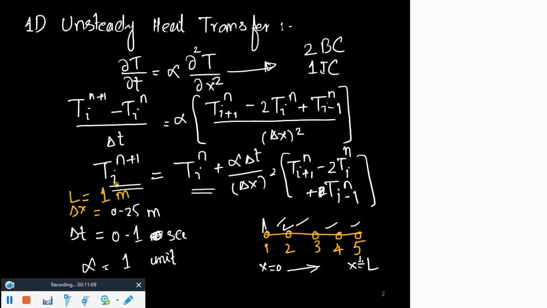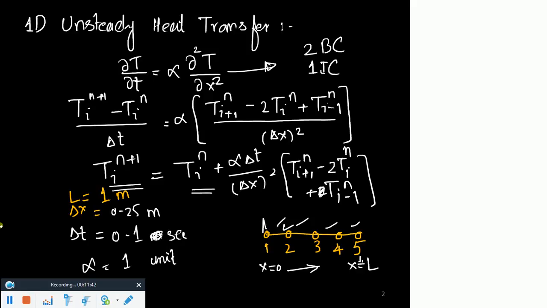This says T2 at second time level would be equal to T2 at first time level plus this term multiplied by T3 at first time level plus minus 2T2 at the previous time level, which is time level 1, and then this plus T1 at the previous time level.